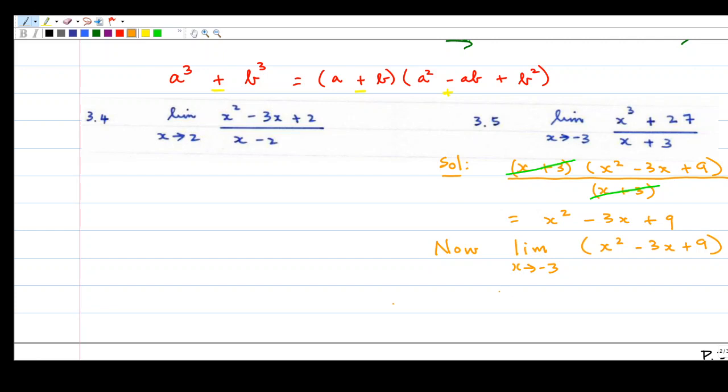So this now is equal to, I'll get -3 all squared, which gives me 9, minus 3 multiplied by -3, that's going to give me plus 9, and the limit of the constant 9 as x approaches -3 is going to give me plus 9. So the final answer here is 27.